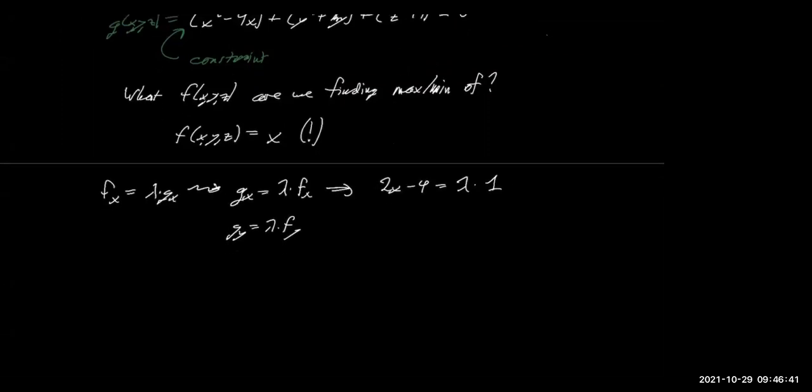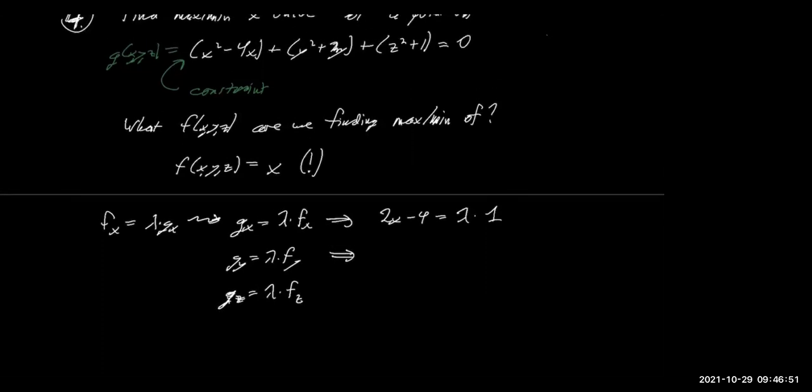Once you set this up, it's not too bad. Now the partial y is 2y plus 2, but that's lambda times 0, so that's just 0. And here we get 2z is lambda times 0.